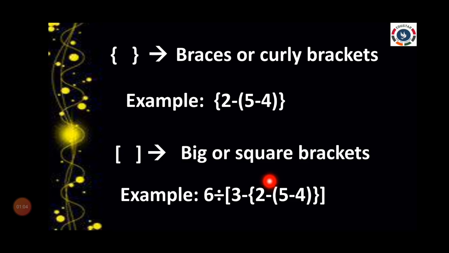While simplifying word problems or sums, we want to follow the bracket order. Suppose all 4 brackets are given in a single sum. How to simplify the sum? That I am going to explain. Which bracket we give the first preference, and which next, I am going to explain.